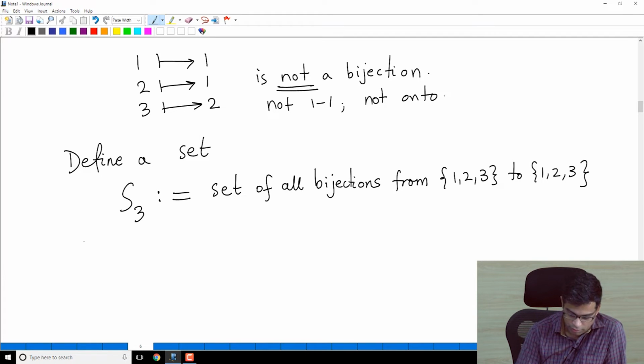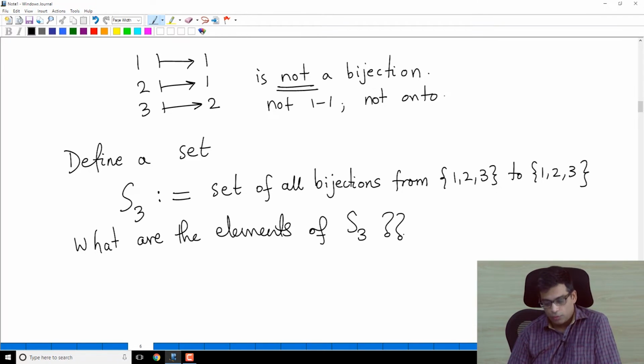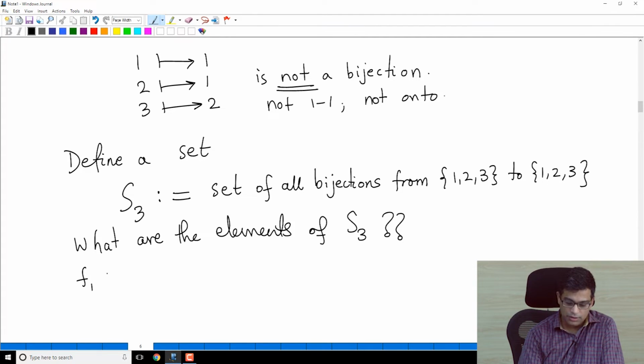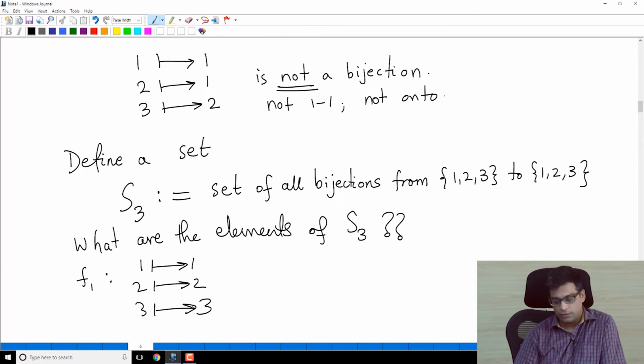Since these elements are functions, I am going to use F with a subscript to denote them. F1 is 1 going to 1, 2 going to 2, 3 going to 3. This is in fact the identity function. What are other bijections?